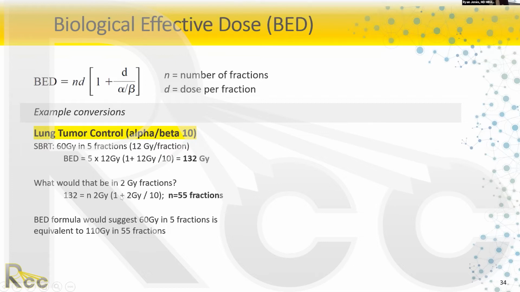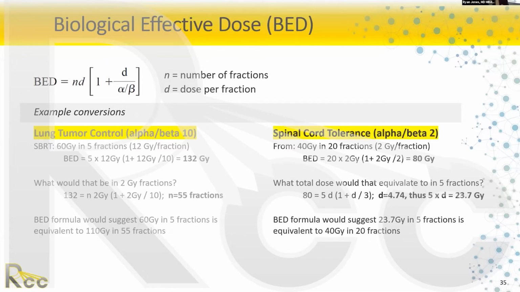But the equivalent dose formula, if we use that and solve for N, we would say, okay, that's equivalent to 55 fractions of 2 gray according to this formula. So the biological effective dose formula would say 60 gray and 5 fractions is equivalent to 110 gray and 55 fractions. But we know, truthfully, that's just not true on clinical outcomes data.